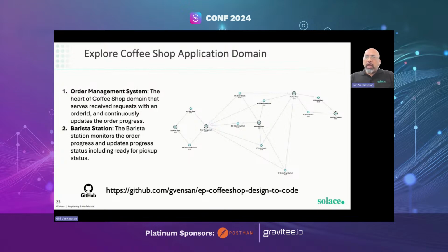And as you see the arrows, the events represent the flow from one application to another in terms of publish and subscribe settings, right? This repository has examples implemented for order management system and barista system. Do check out this code, and it will give you a better idea, starting from event portal application to AsyncAPI document to Spring Cloud Stream microservice. Okay, that's a journey we are talking about.